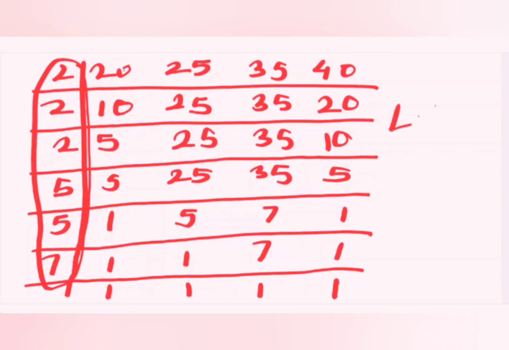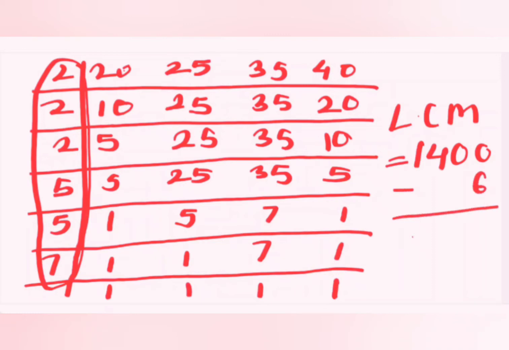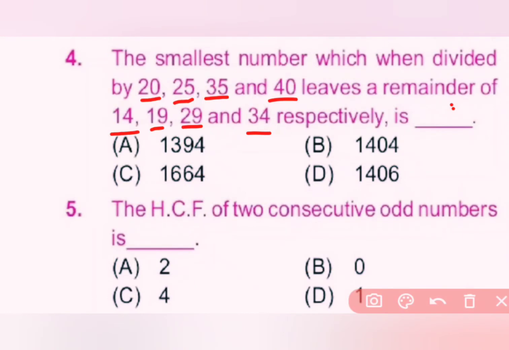So LCM is equal to 1400. The required number will be 6 less than the LCM, means minus 6, which is equal to 1394. So 1394 is the smallest number that satisfies the conditions. So here A is the right answer.